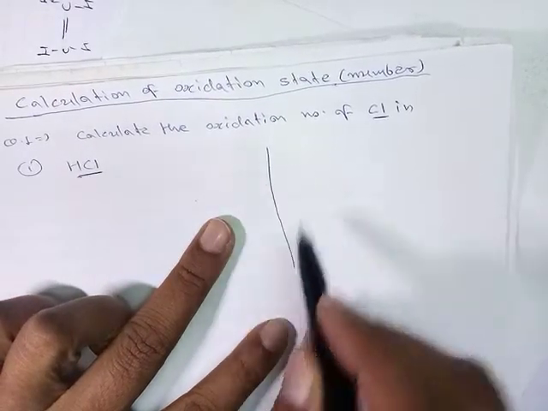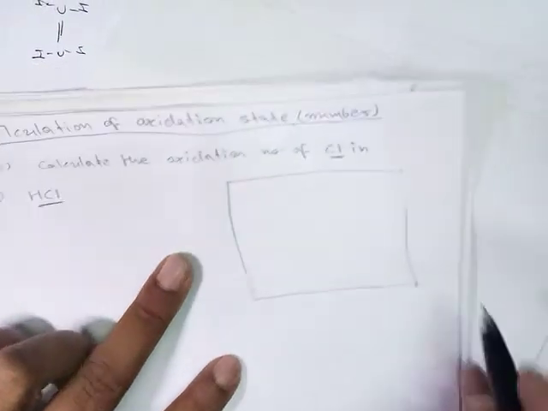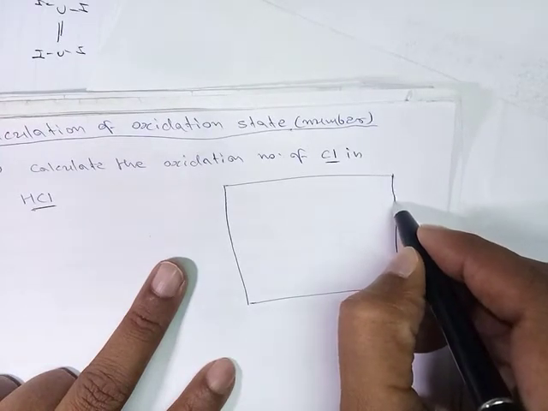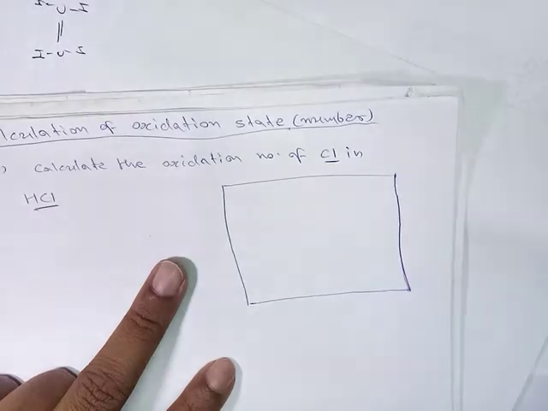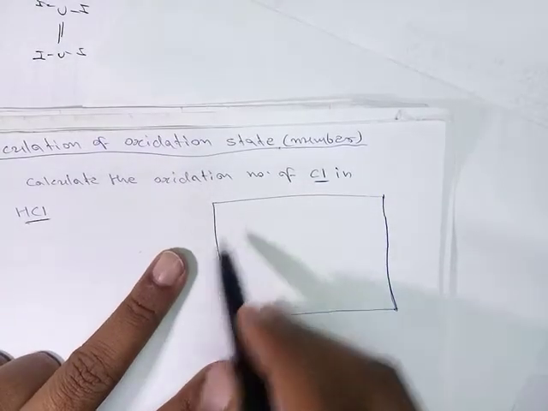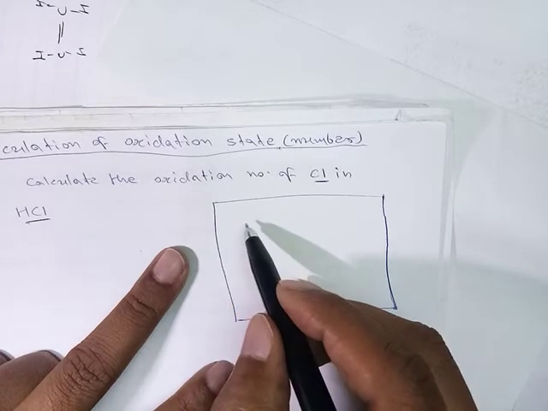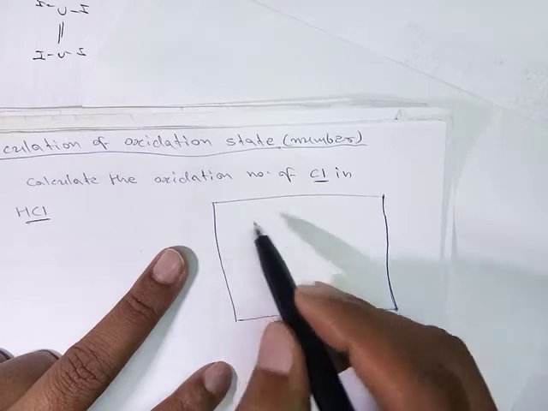Suppose this is a periodic table. So here we have to draw atoms with a size. So when we go from left to right in the periodic table, the number of valence electrons increases.